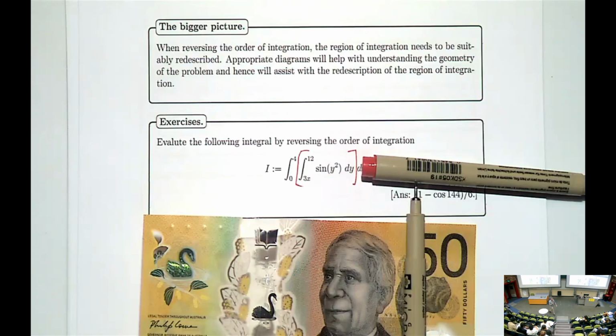No. It's a good try, but no. Why isn't it anything to do with cosine? Because if you differentiate it, you don't get that. People have come down in previous classes to take my money. They say, oh, it's cosine of y squared all over 2y with a negative. Give me my money. And then I have to say, can you differentiate your answer? And they say yes, and they don't get what they want.